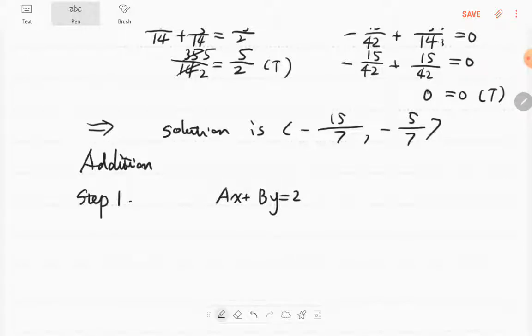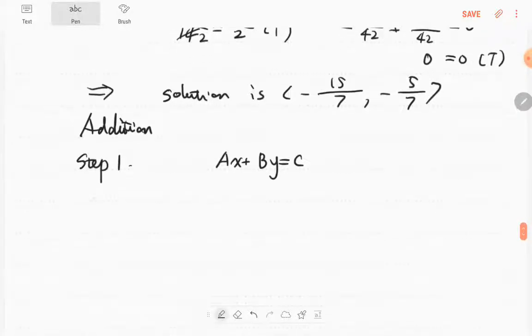If it's not standard form, first we should write our equation into the standard form. So which means x, y on left side and the number term on the right side. Okay. So step 2.